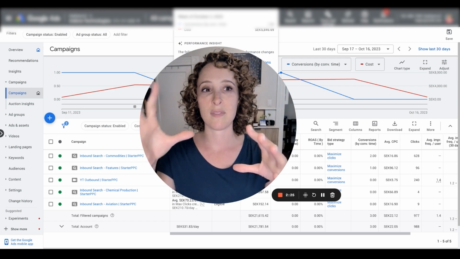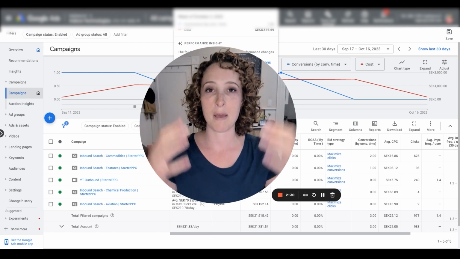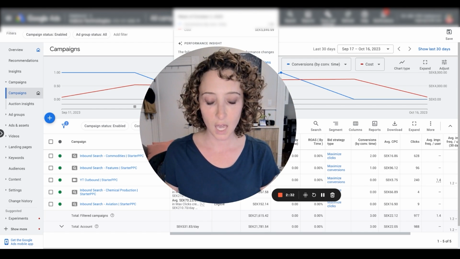They're sort of looking for something that indicates they might be interested in the product or service, but we don't really know, right? So that's what I mean by middle of funnel and top of funnel.